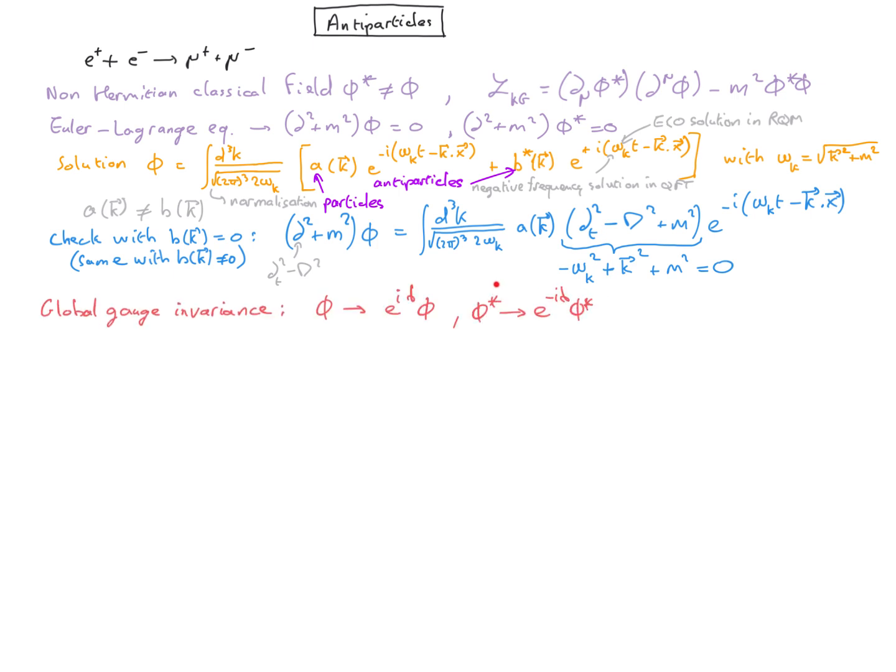We see that under these transformations, the Klein-Gordon Lagrangian is unchanged. Therefore, this is a symmetry for the system. We already determined what is the conserved current for this symmetry and this Lagrangian. So all we need to do is to calculate this charge for a particle and for an antiparticle.